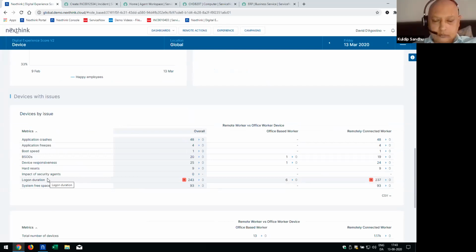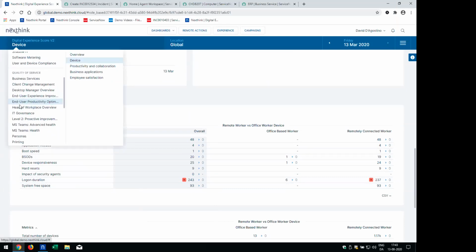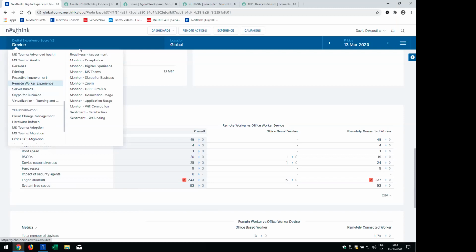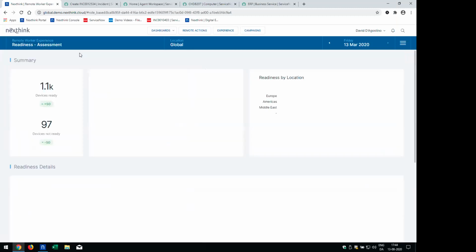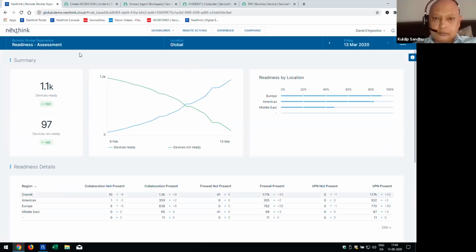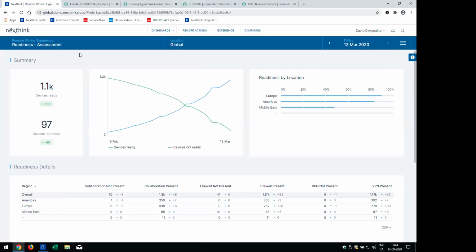Now, another view of this is some specific science that we've put in place to help us with some of these new challenges that we're facing. So we've got some specific, what we call library packs, that give us all of the information we need to help us not only transition the workforce to a working-from-home situation, but also continue monitoring them in an ongoing way.